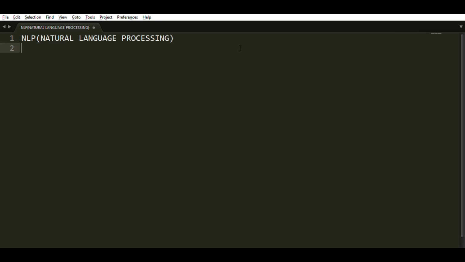It's a branch of artificial intelligence, which, in simple terms, helps us in understanding human languages by computers. It's not very easy to teach computers, but with the help of natural language processing, we can achieve that.